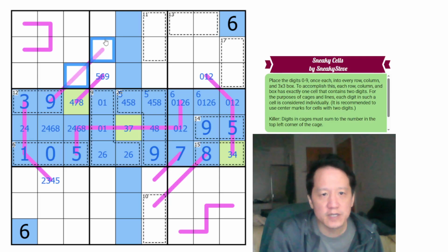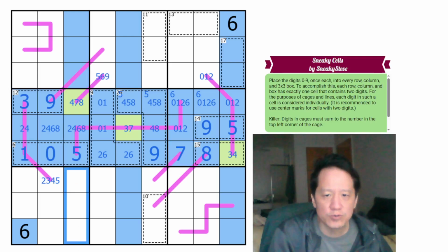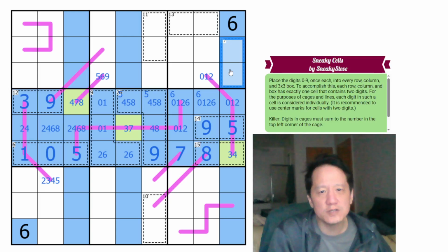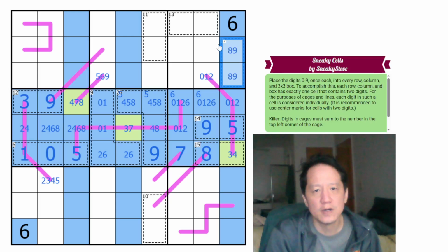And it must contain, this can't be a Schrodinger. So let's mark out where the Schrodingers cannot be. This can't be Schrodinger. This can't be Schrodinger. This can't be Schrodinger. So these two digits must add up to 17 without a third digit. So it has to be 8 and 9.